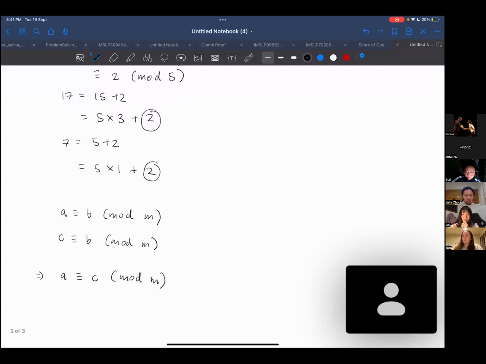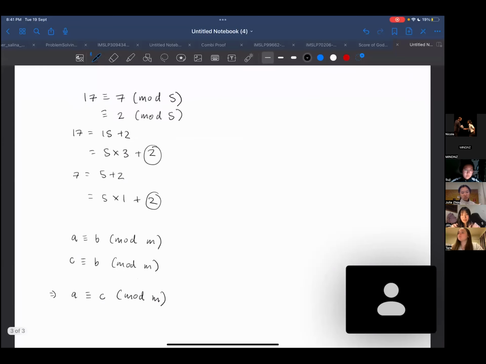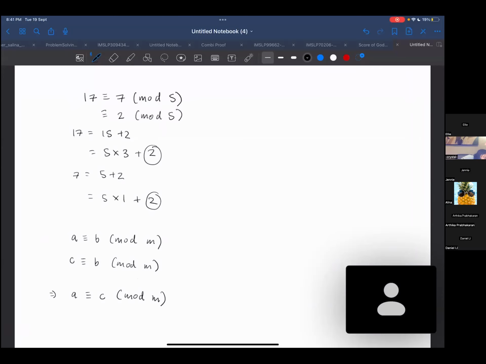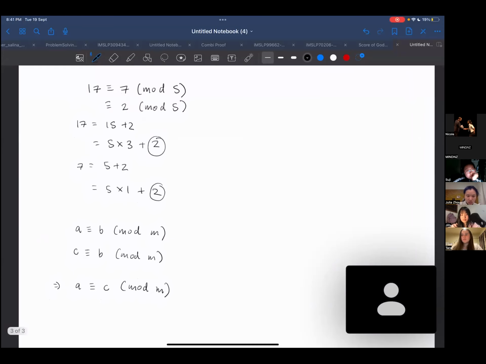That's essentially what we were doing before, right? We find that they're both congruent to 2 in mod 5, and therefore they're also congruent to each other. Does that make sense, everyone? So they're going to be congruent if they have the same remainder given a certain modulus.